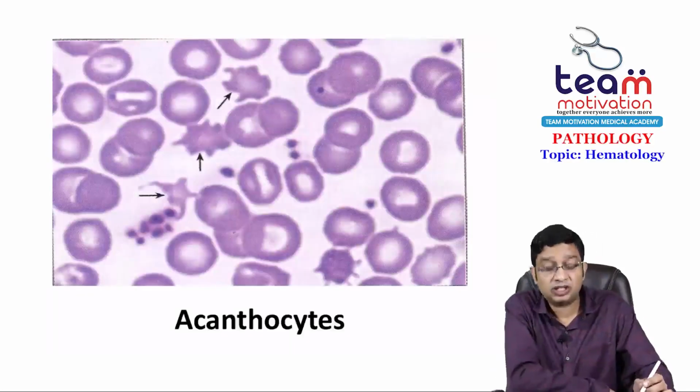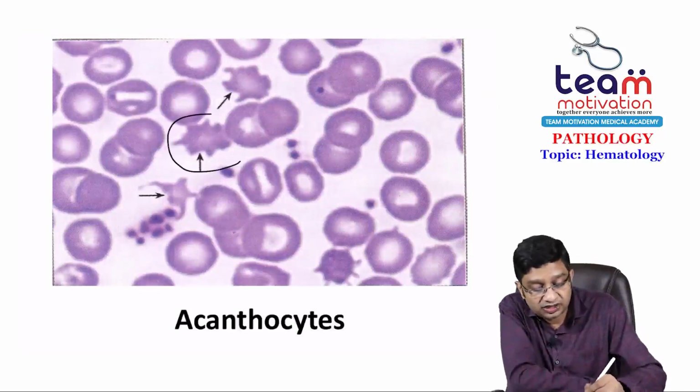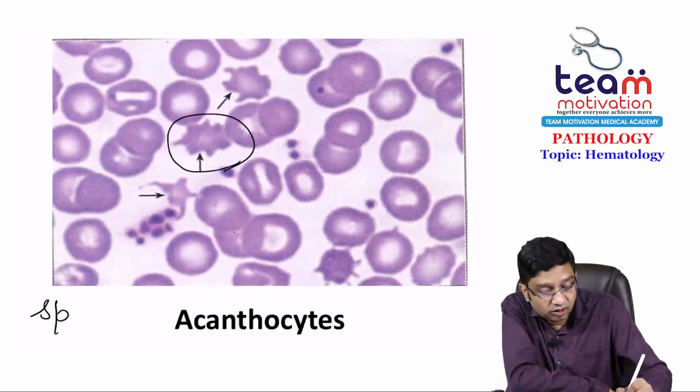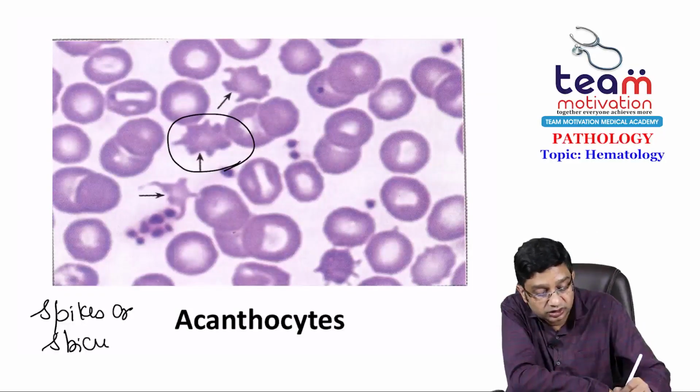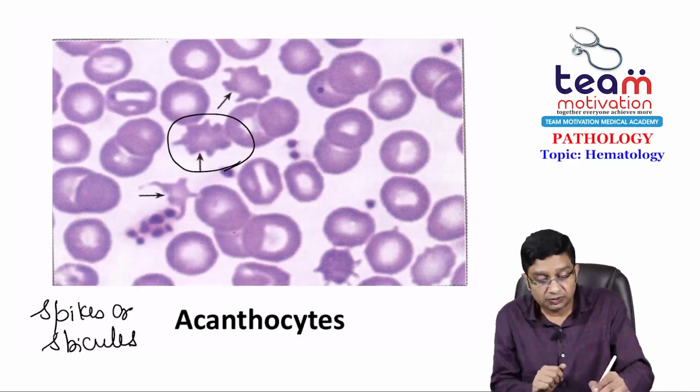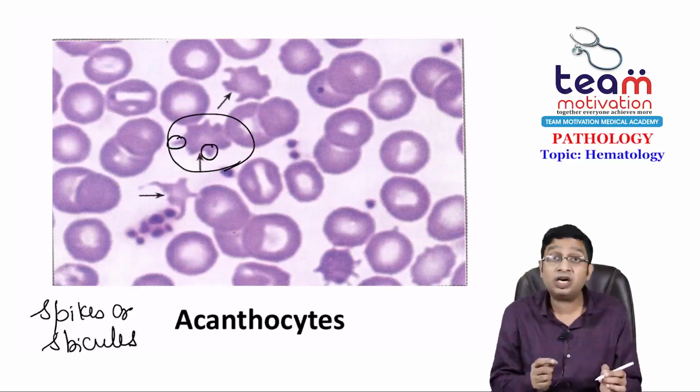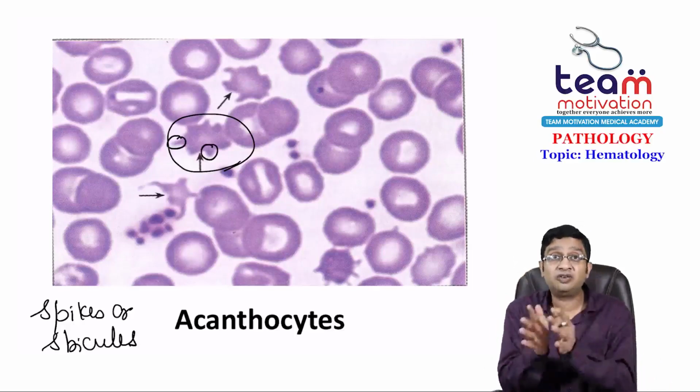Now if you can appreciate here, these are RBCs which have spikes or spicules, and these spikes or spicules are of unequal size and unevenly placed.